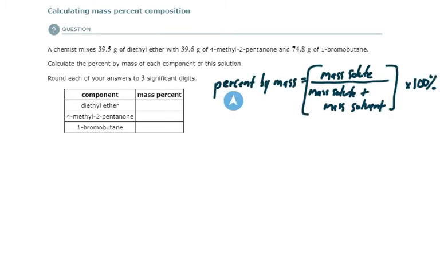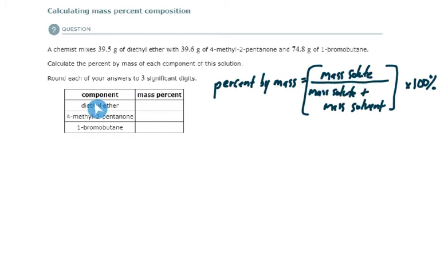So in order to determine percent by mass for a particular solute, because remember, in this chapter we're looking at properties of solutions, concentration units. We're determining percent by mass for a particular component. We have three components in this solution here. So the mass of your solute, these are my solutes. I'm looking at diethyl ether.